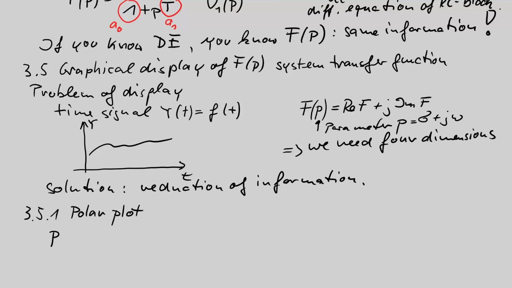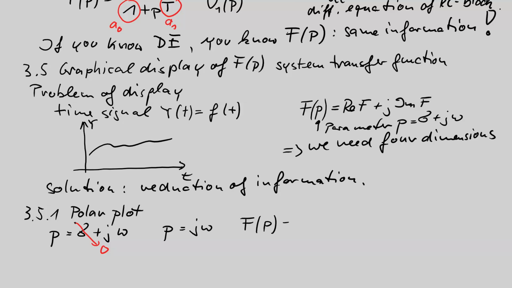We reduce the real part of the complex frequency. We just set this to 0. That means p is j omega. That means we get a new function.